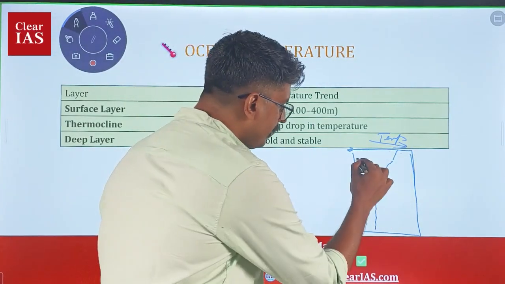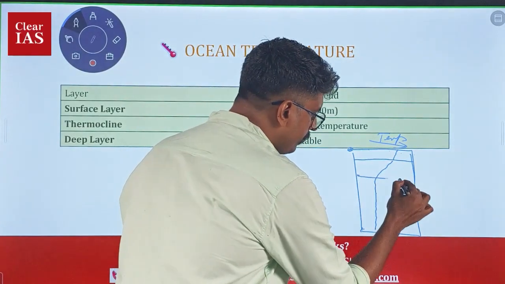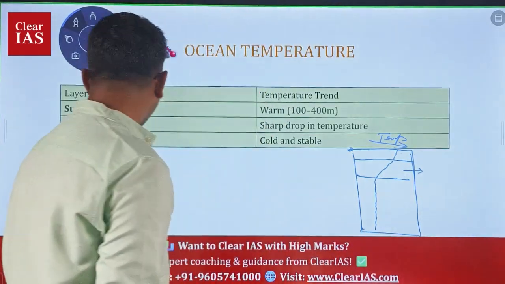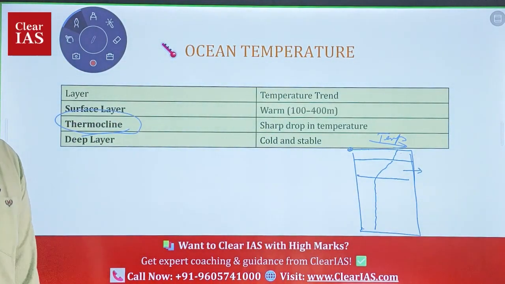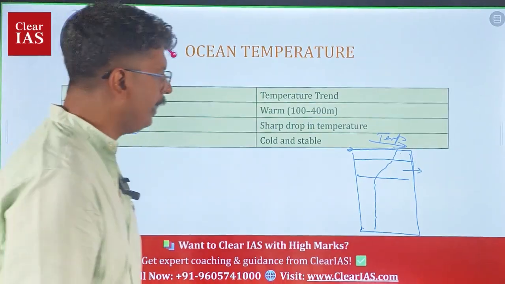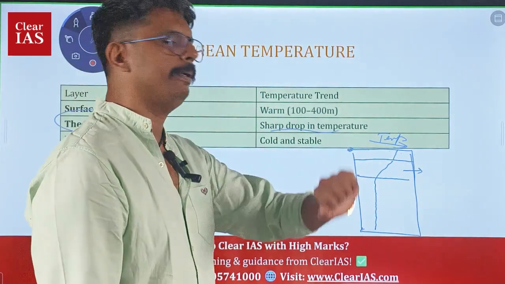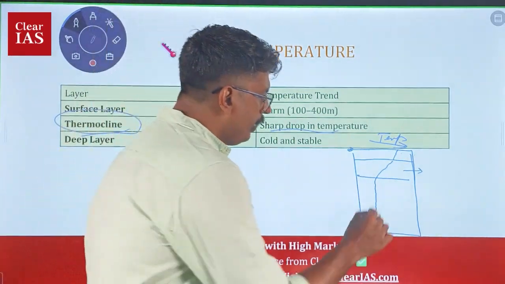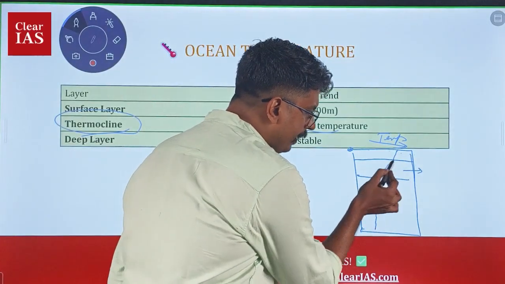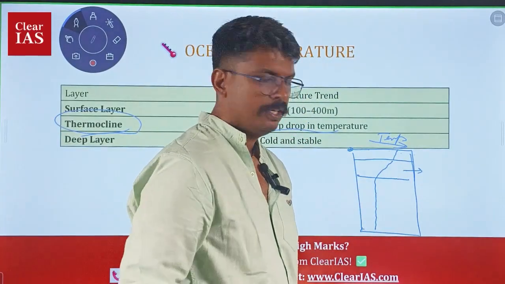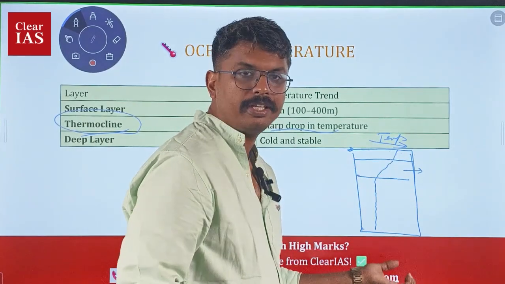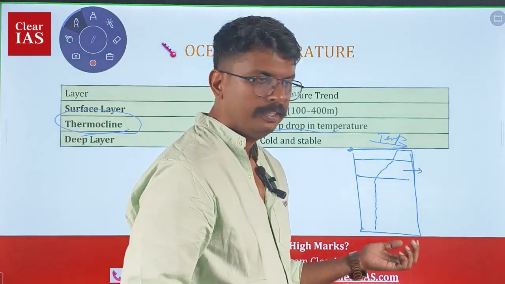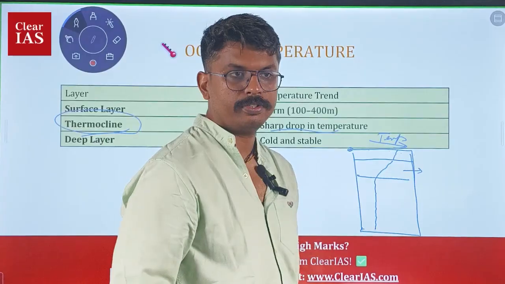This area where the temperature changes maximum is called the thermocline zone, a sharp drop in temperature. Usually the layer above is slowly decreasing and then there is a sudden change. At a point the temperature is almost constant because sunlight cannot reach, right? So it again is constant.